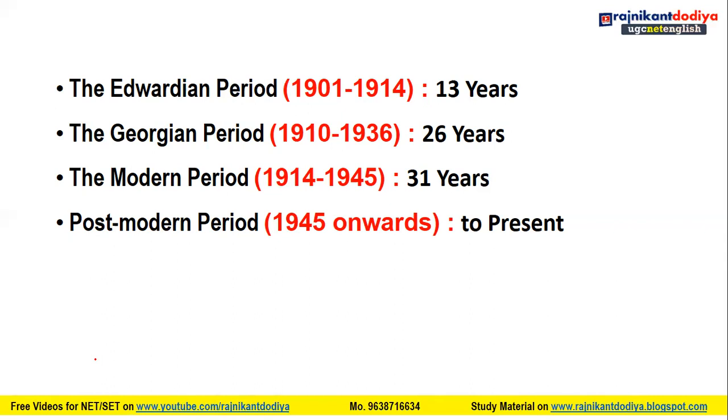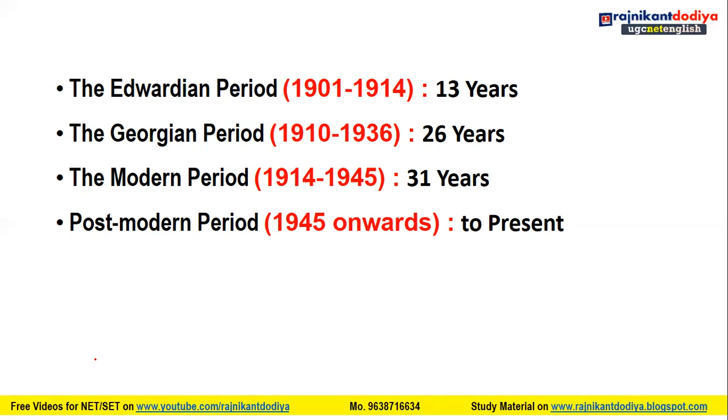Then friends, the modern period is there. The modern period covered 31 years, and it came after World War One, because when the First World War started, the modern period also began.